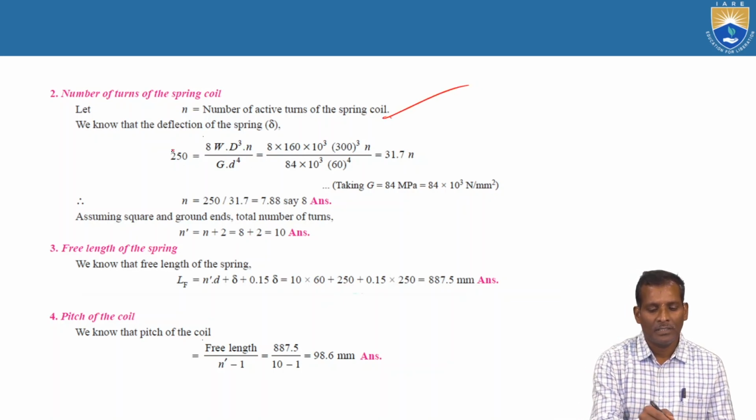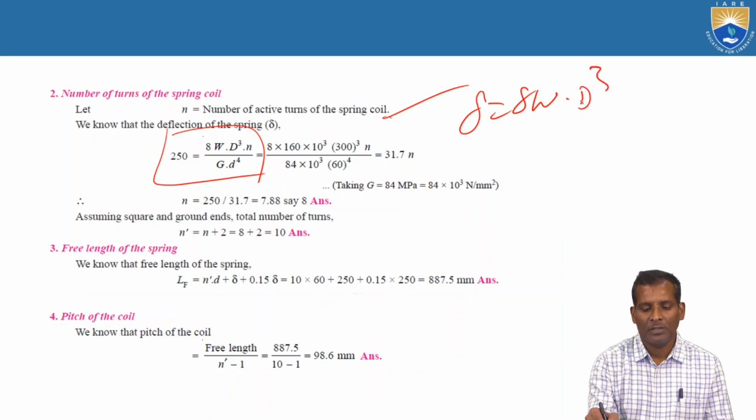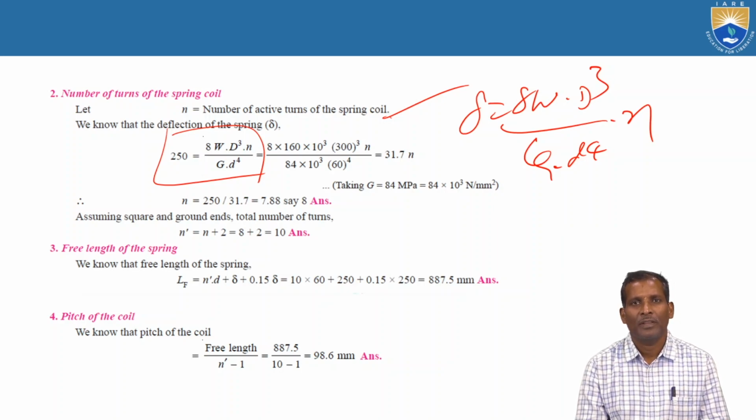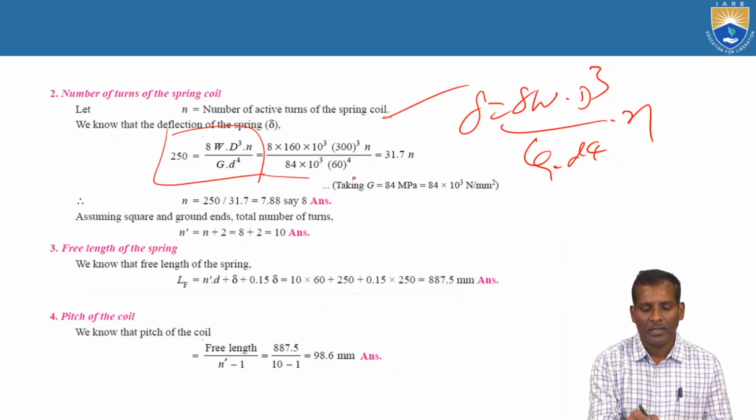The deflection delta is equal to 8 W D cube n by G d to the power of 4. W is already calculated, D is a known value, and small d is also calculated in your first step, the wire diameter. n we don't know, so n is unknown here. So substitute those values and calculate n.